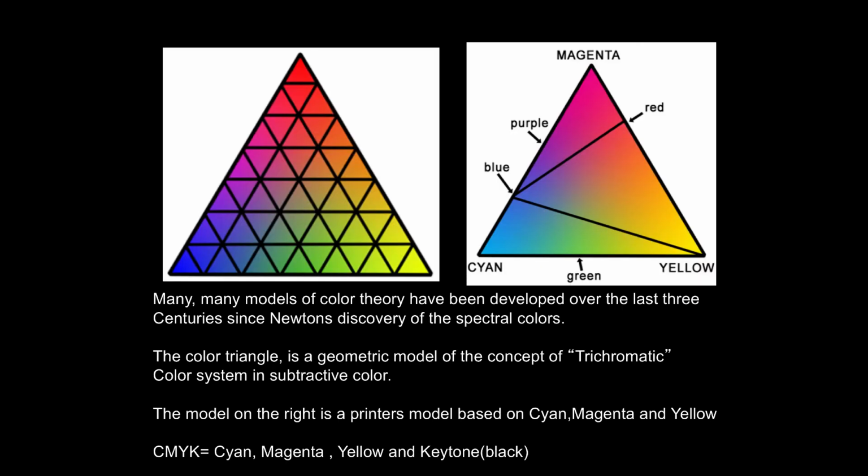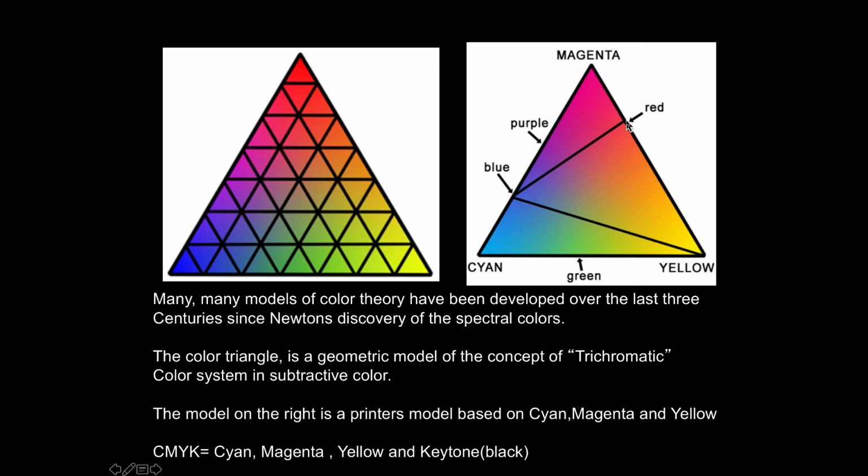All right. This just shows the relationship of the colors between the CMY and the RGB. So here we go. RYB, red, yellow, and blue. And then here's their relationship on the CMY model.